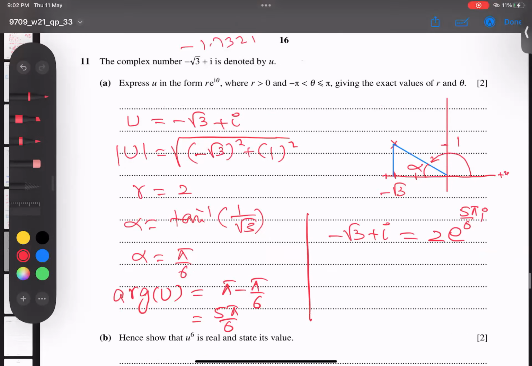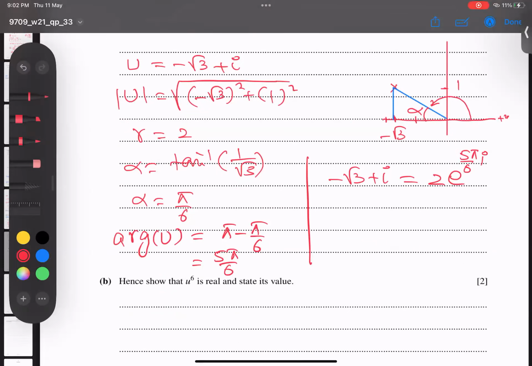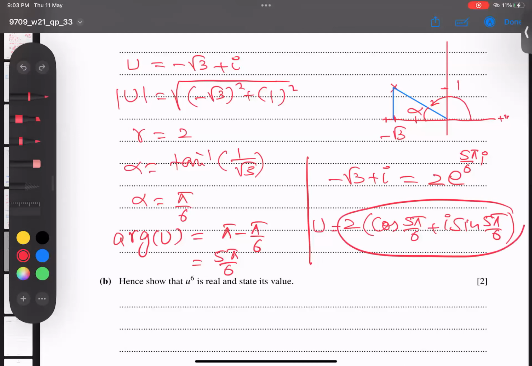So this is done. Now, students, for your knowledge, we also have a special form, that is 2 bracket open cos 5 pi by 6 plus iota sine 5 pi by 6. You can write this way or that way. This is called exponential form and this is called polar form.